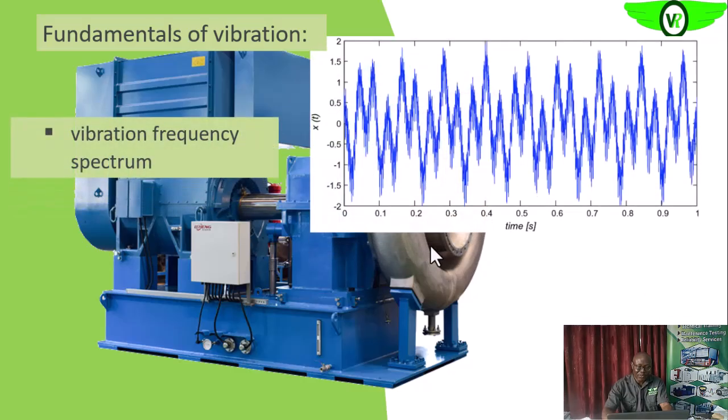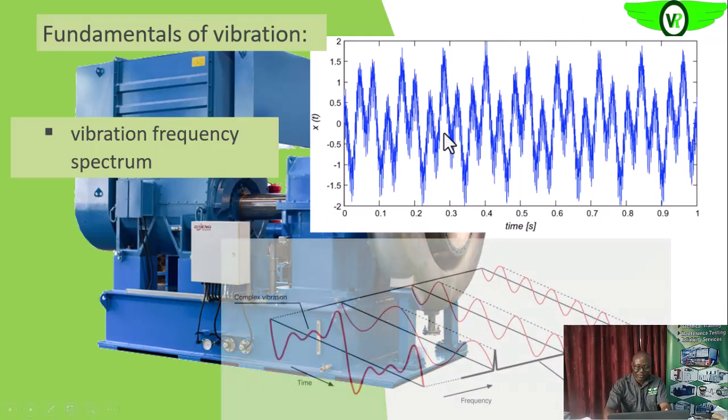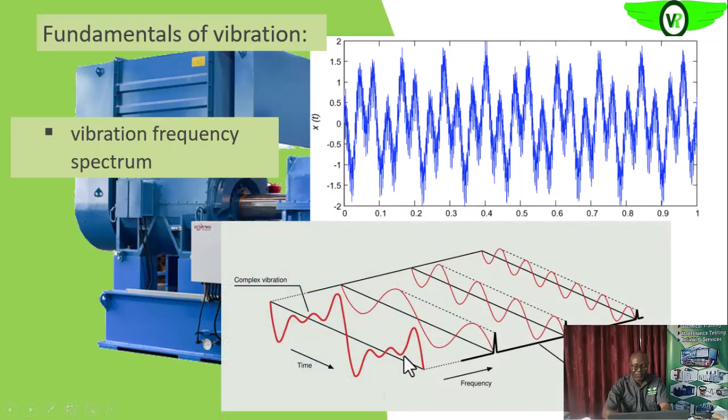Like we said before, since we can get little information from this vibration waveform, we'll now carry out what is called fast Fourier transformation. What that does is a mathematical analysis. It is done automatically by the analyzer, the equipment. It will carry out fast Fourier transformation on this waveform and convert it into frequency.